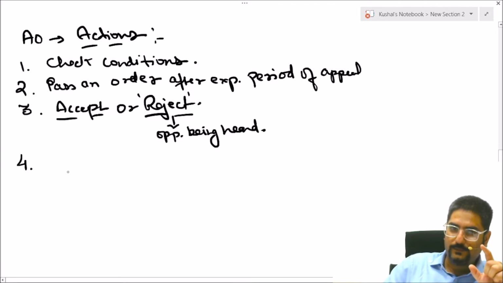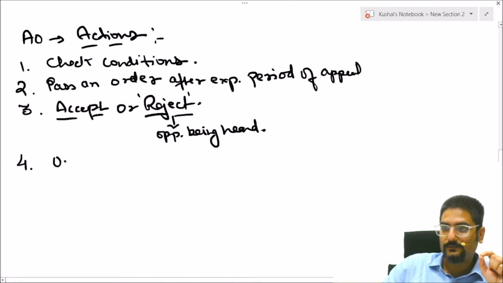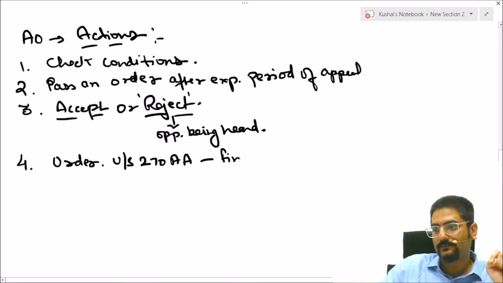Now, the fourth important point here, this is very important, is that the order passed by the authority under section 270AA is a full and final order.